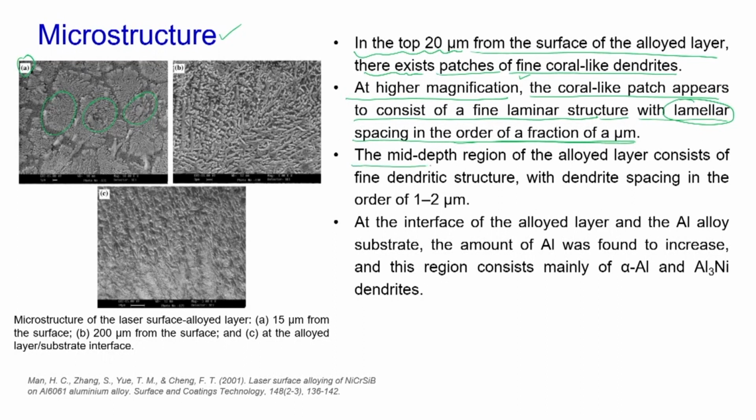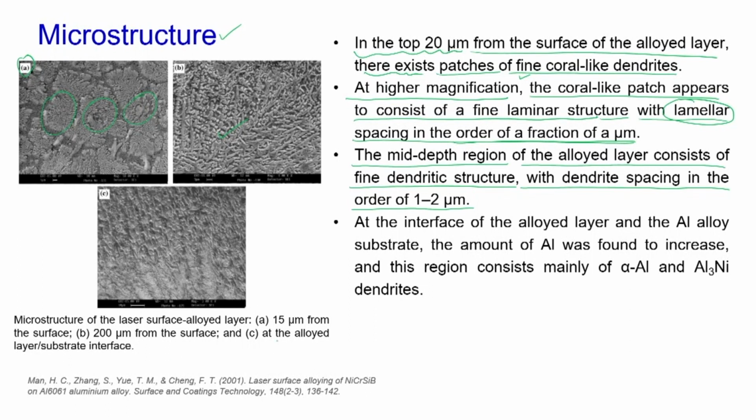The mid depth region of the alloyed layer consists of a fine dendritic structure with dendrite spacing in the range of about 1 to 2 micron. So, when we move to the mid depth region, this is the mid depth region microstructural graph. What is noticed is a fine dendritic structure and the spacing is about 1 to 2 microns.